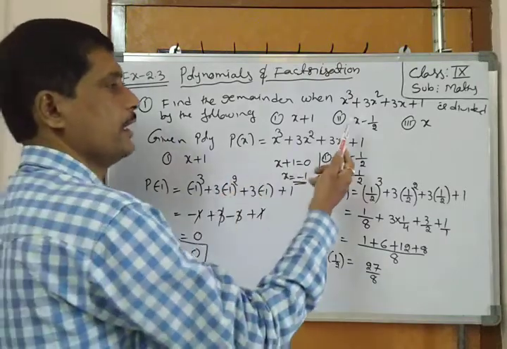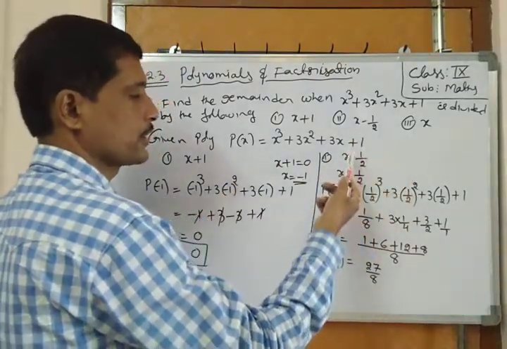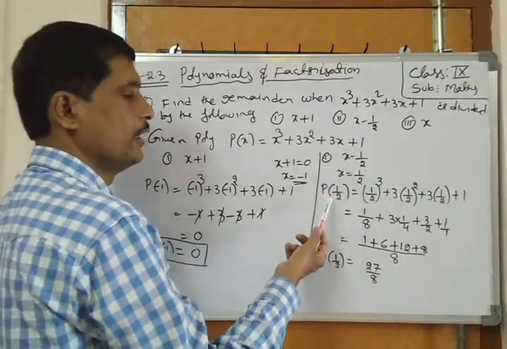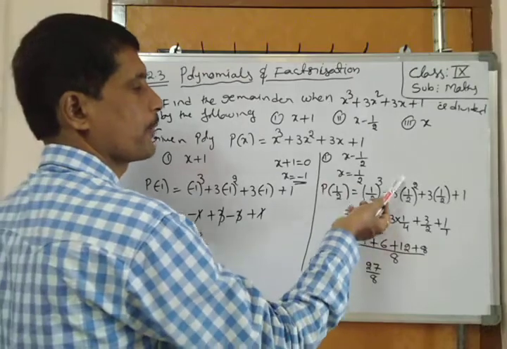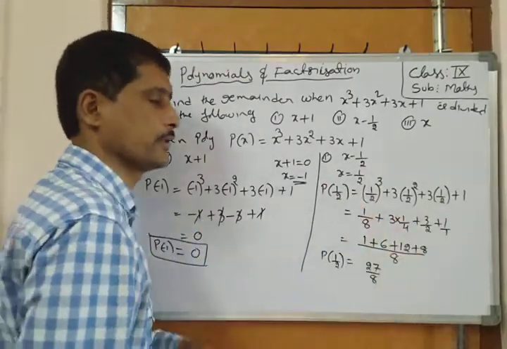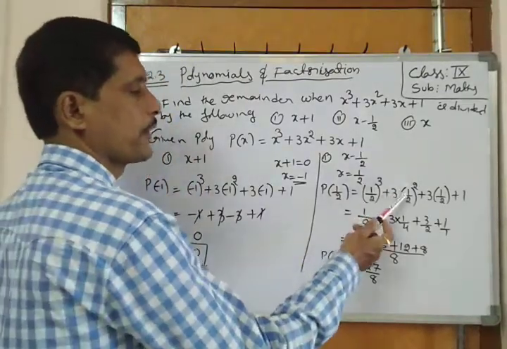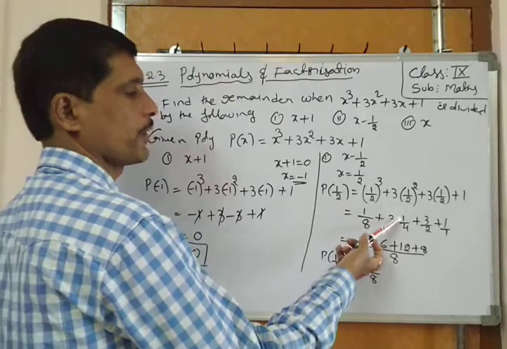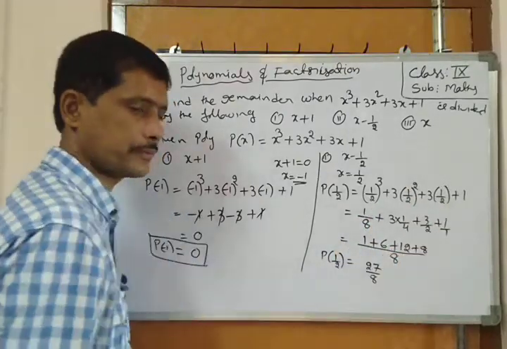Next one is x minus 1 by 2. x minus 1 by 2 equal to 0, x equal to 1 by 2. Substituting x equal to 1 by 2 here, 1 by 2 whole cube plus 3 into 1 by 2 whole square plus 3 into 1 by 2 plus 1. 1 by 2 whole cube is 1 by 2 into 1 by 2 into 1 by 2, that is 1 by 8. 1 by 2 whole square is 1 by 4, so 3 into 1 by 4, plus 3 into 1 by 2, plus 1.